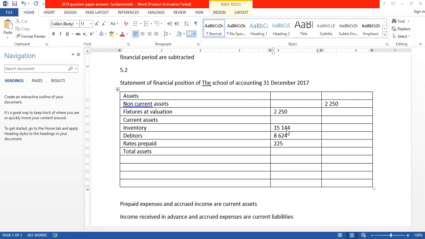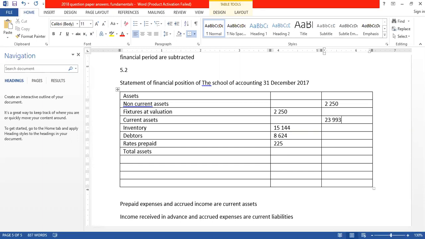Let's add them up. So you have 15,144 plus 8,624, and then you plus 255. That gives 23,993.